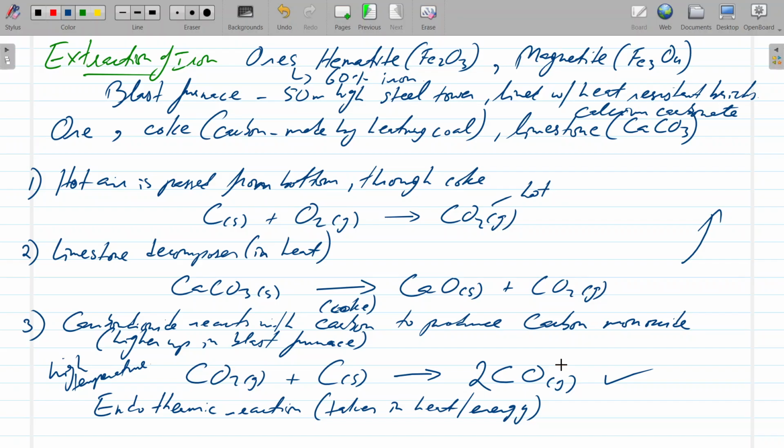The high temperature of the blast furnace is going to help this reaction move along, because it is providing the heat to go from carbon dioxide to carbon monoxide. Any questions? No.